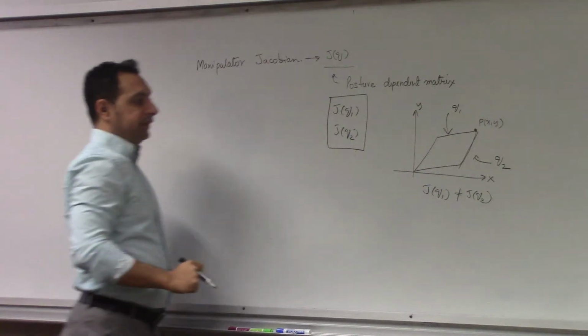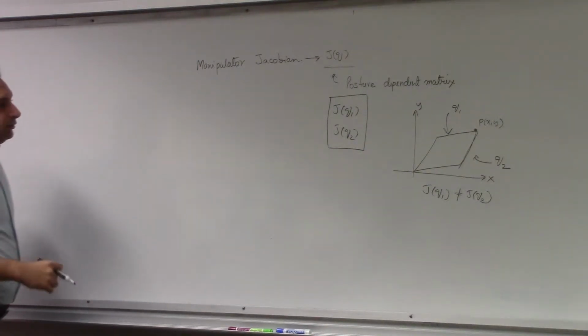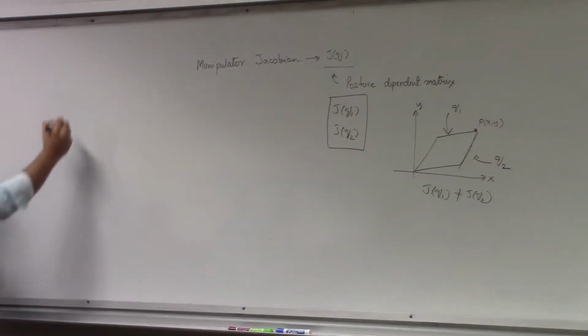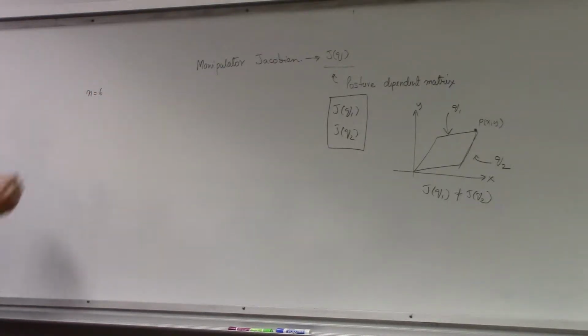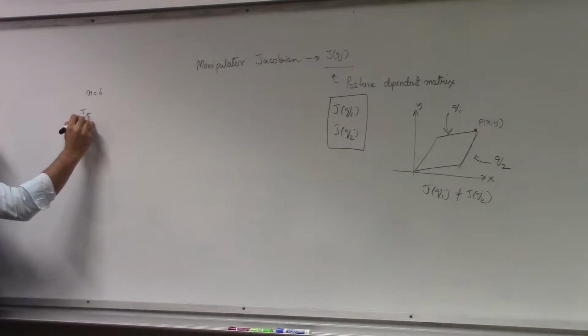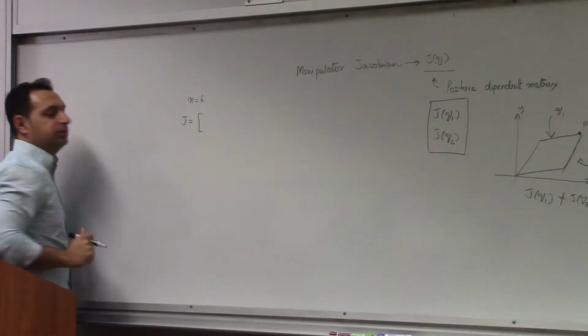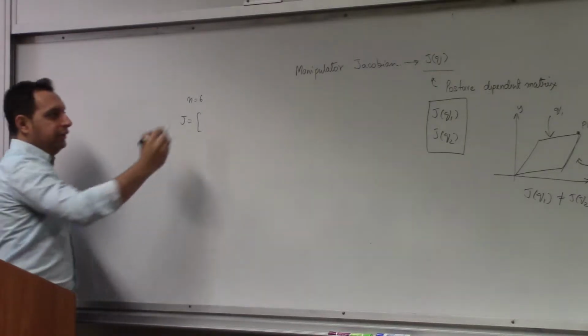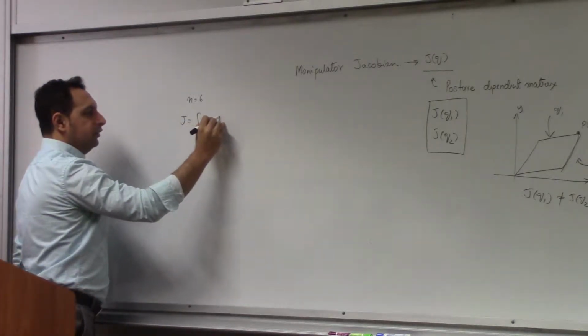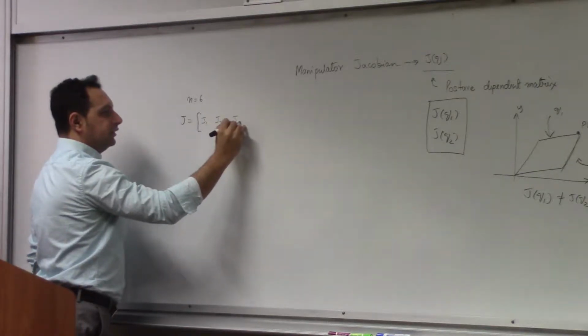Now this is a very simple case, but it makes the point that the Jacobian will change from point to point in the workspace. Now, let's look at a Jacobian matrix for n equals 6. If you have J like this, how many columns will this Jacobian have? 6. If there are 6 joints, there will be 6 columns.